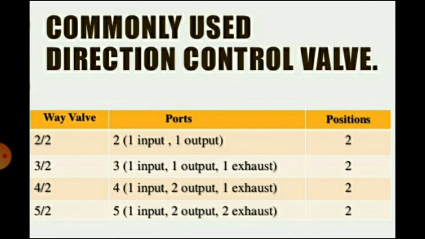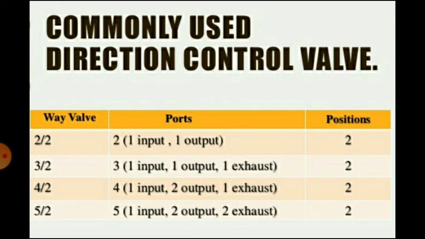So the commonly used direction control valve is the 2 by 2 DC valve, in which the number of ports is 2 and the number of positions is also 2. Of the ports, one is input and one is output.